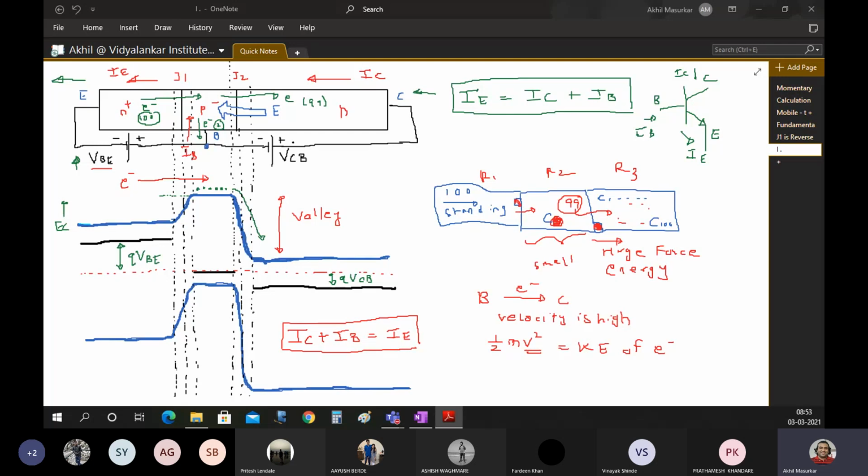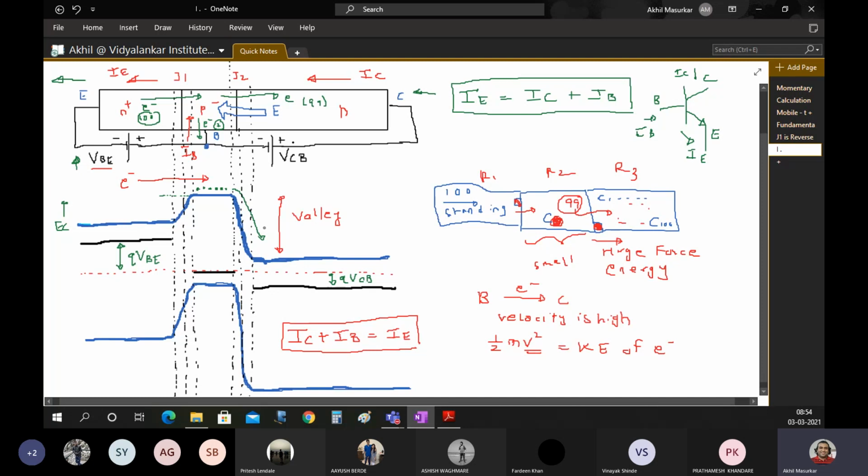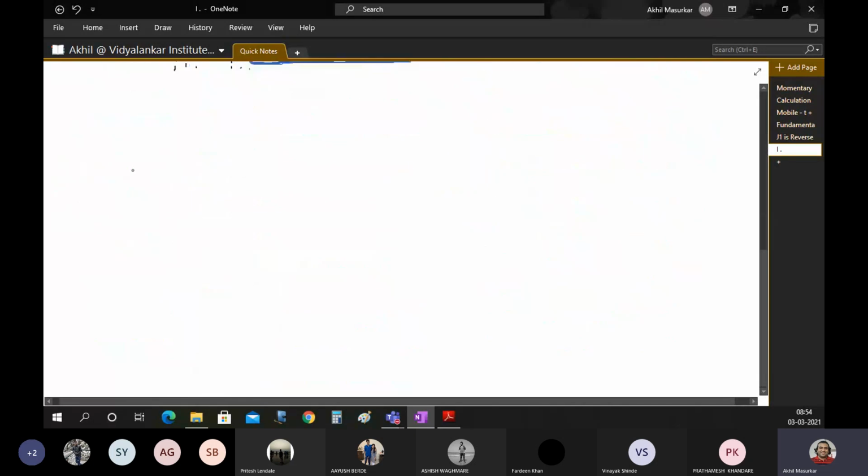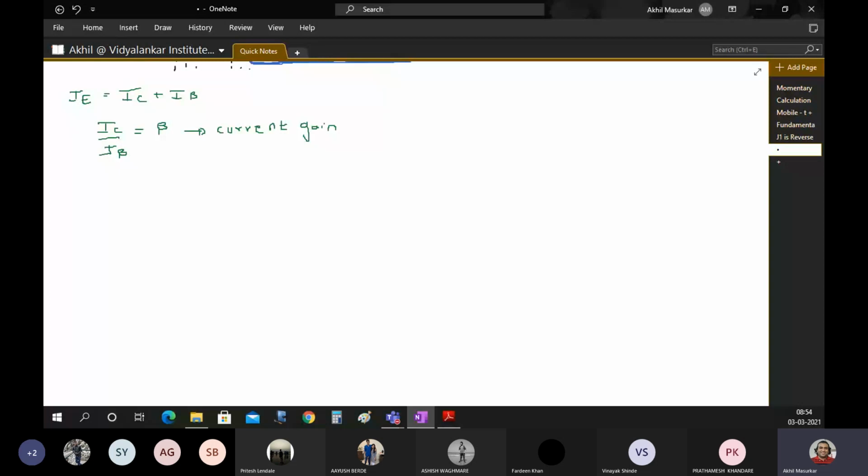Now we want to know the ratios. That means if IC plus IB is equal to IE, then what is IC upon IB? What is the ratio of this? I'll call this beta, and this is called the current gain of the device.